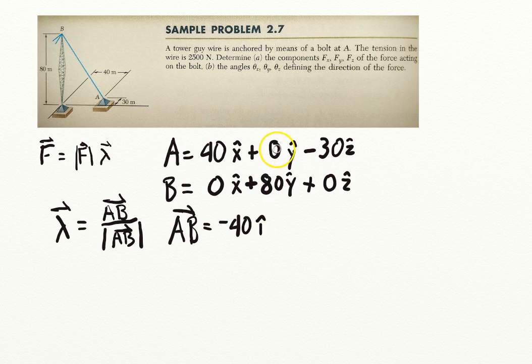Then I'm subtracting A from B, so it's 80 minus 0. So I've got plus 80 in the J hat direction. And then again I'm subtracting A from B, so I've got plus 30 in the K hat direction.